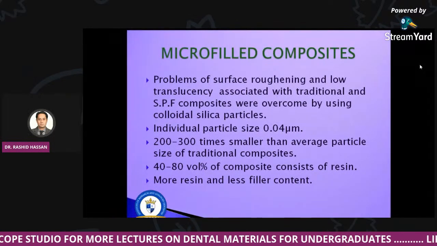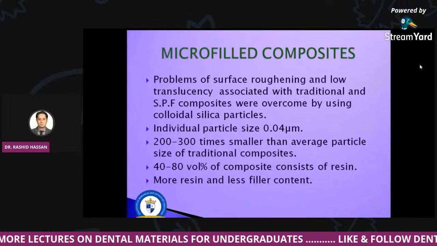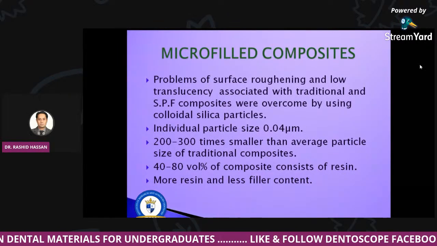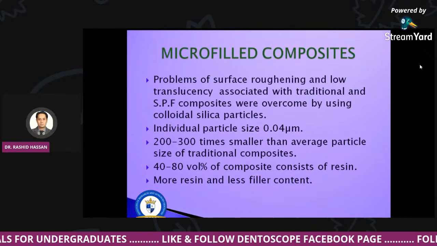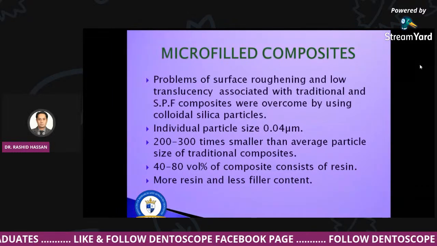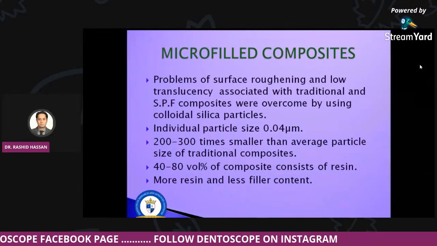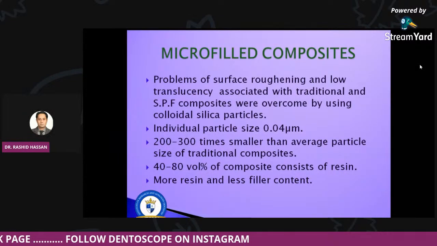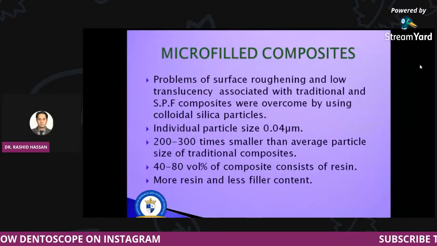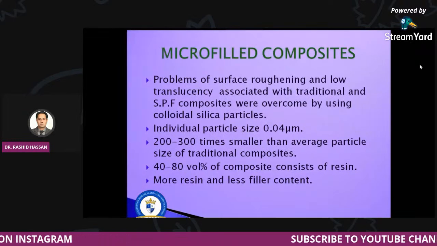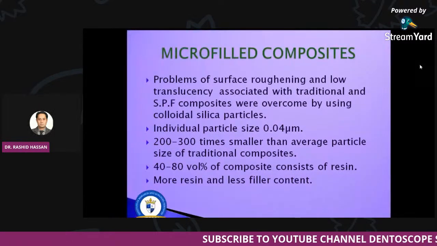We are familiar that the traditional composites had a lot of problems, and so does the small particle filled, because the translucency was very low. So to overcome these problems, the microfilled composites were used. Here the individual particle size is so much smaller, 0.04 micrometer.